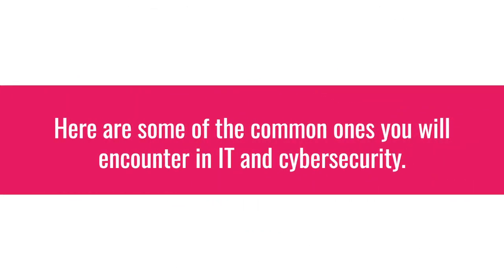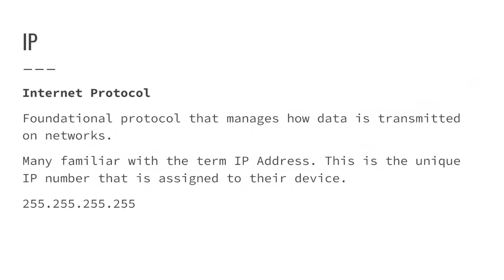So here are some of the most common ones you're going to encounter when working with computers, information technology, and cybersecurity. So IP, Internet Protocol. This is the foundation by which all data is transmitted on networks. Most people are familiar with the term IP address. This is a unique number that's assigned to every device on the network, whether it be a printer, a server, a laptop, a workstation, a phone, whatever the device is.